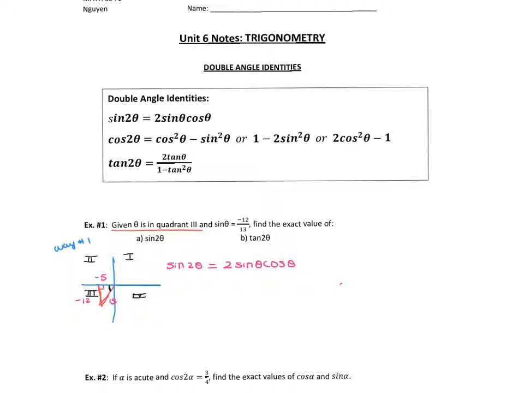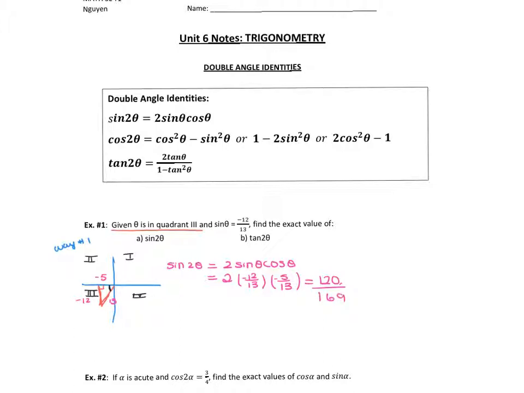So, in other words, it's going to be equal to 2 times your sine, which we said is negative 12 over 13, and 2 times your cosine, which cosine is CAH, so adjacent over hypotenuse, which is negative 5 over 13. So this is 120 over 169.